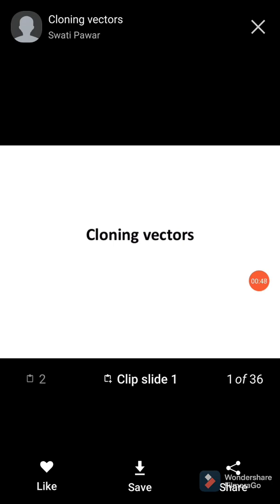So coming to the cloning vectors, in molecular cloning we have studied that the vector is a DNA molecule used as a vehicle to carry the foreign genetic material into another cell.